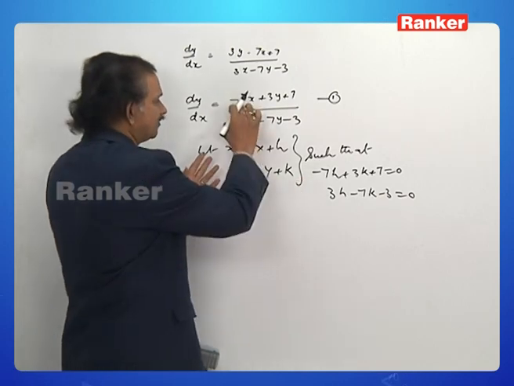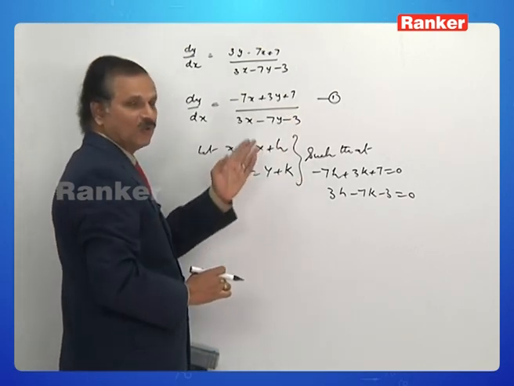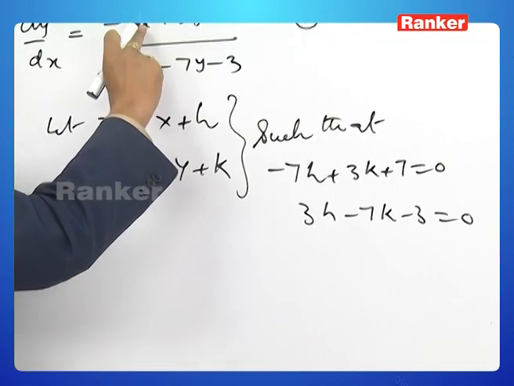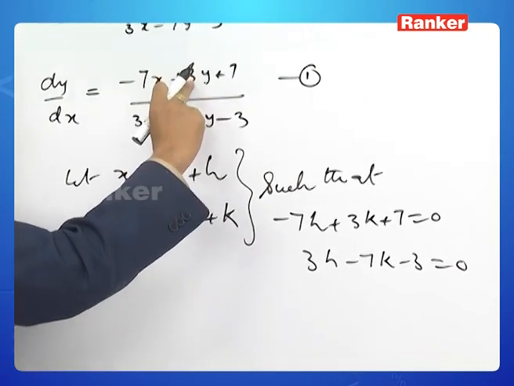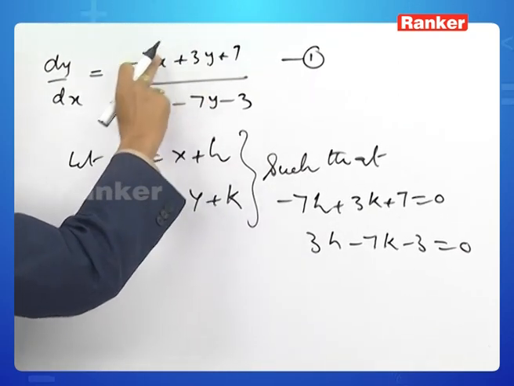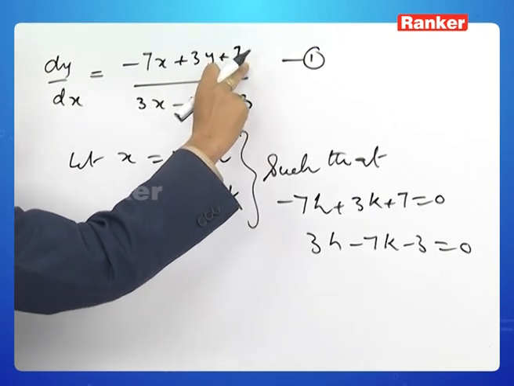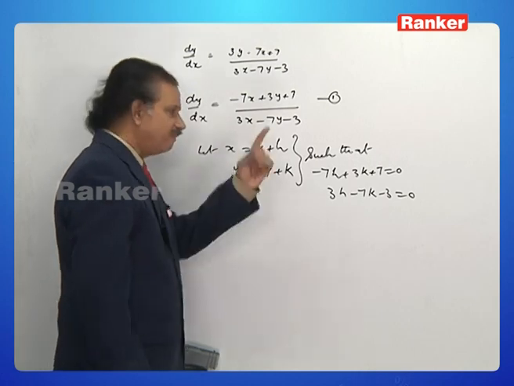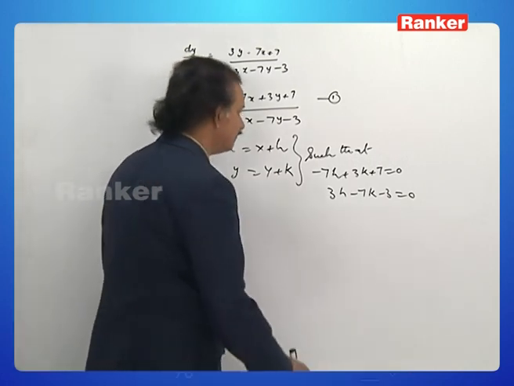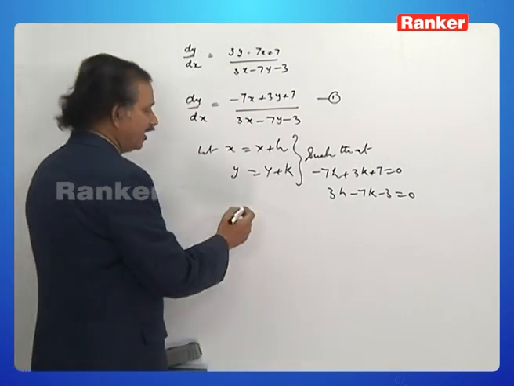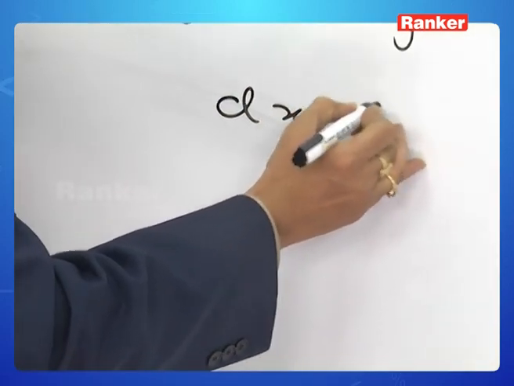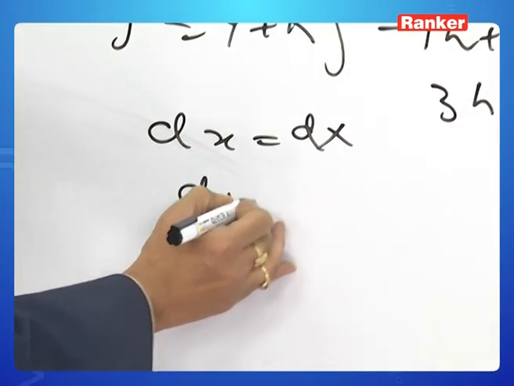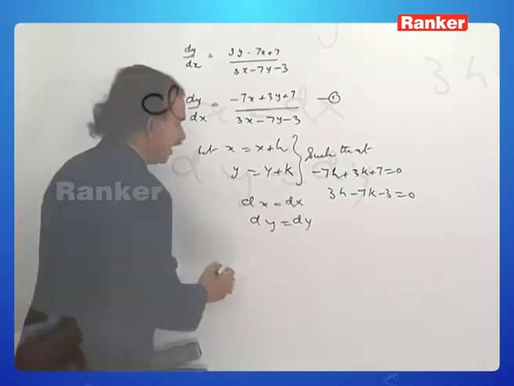If you put X plus h and Y plus k here, what will be the nature of this? Minus 7 capital X, 7h. 3 capital Y, 3k. Minus 7h plus 3k plus 7 is going to be made 0. That is the benefit you are going to have. In this situation, dx is equal to d capital X and dy is equal to d capital Y.